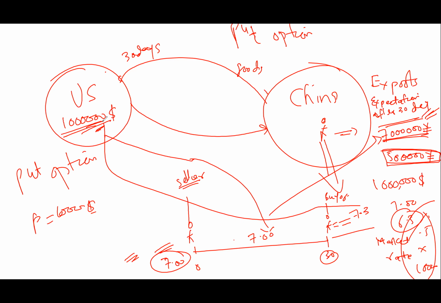Why don't we go to market, sell 1 million at 7.3 and receive 7.3 million, 300,000 extra, right?